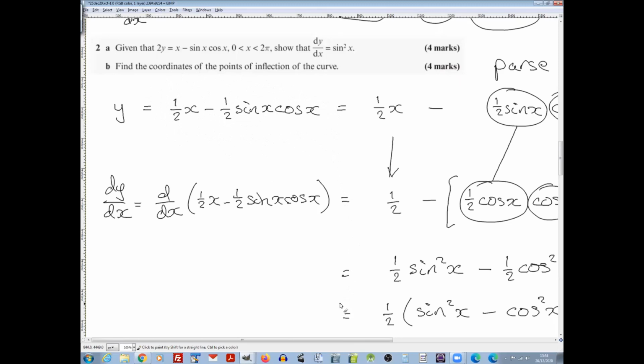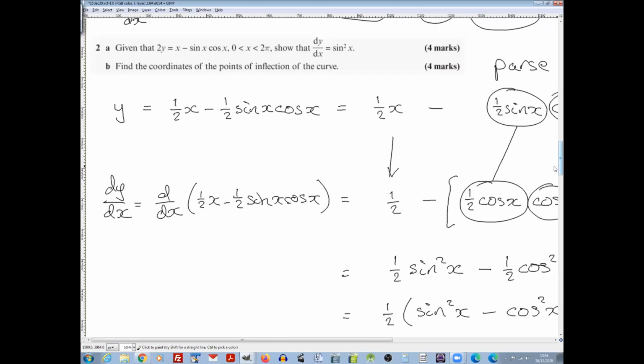Differentiating it. How many times? Once. Sine squared x is what we call the first derivative of y. But we just agreed the first derivative is only good for finding the turning points. So differentiate sine squared x with respect to x.